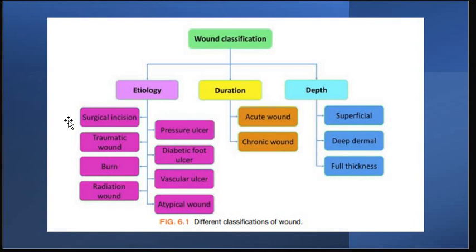If the wound does not heal within 6 weeks and takes more time to heal, then we label it as a chronic wound. And according to depth of the tissue involved, if only the epidermis is involved, then we label it as a superficial wound. If epidermis and dermis both are involved, then we label it as deep dermal. And if the whole of the skin is involved, then we label it as a full thickness wound. So basically this is the simplest classification of the wound.